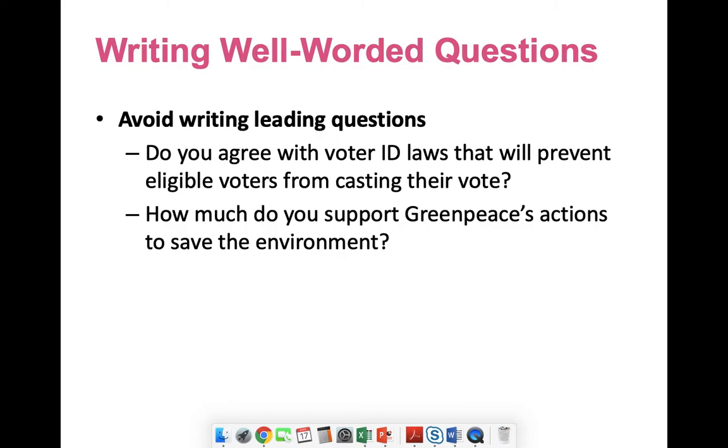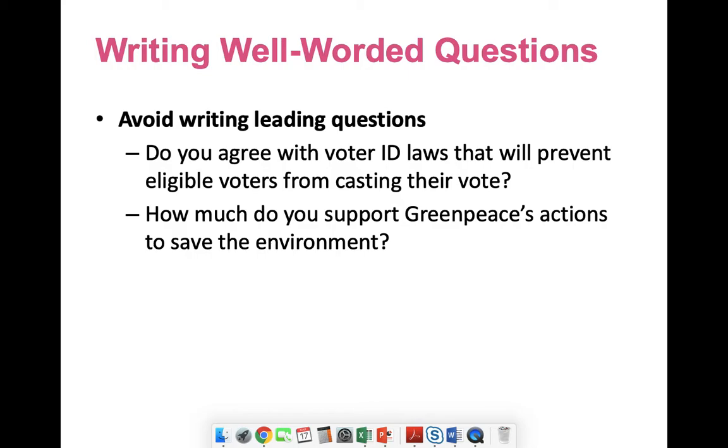As another example of the importance of writing well-worded questions, it's important not to write leading questions. Sometimes two questions seem to be asking the same thing, but they yield very different responses, and it just depends on how they're worded. I've given you two examples here, but I'll give you a third. Consider people's responses to the following two questions.